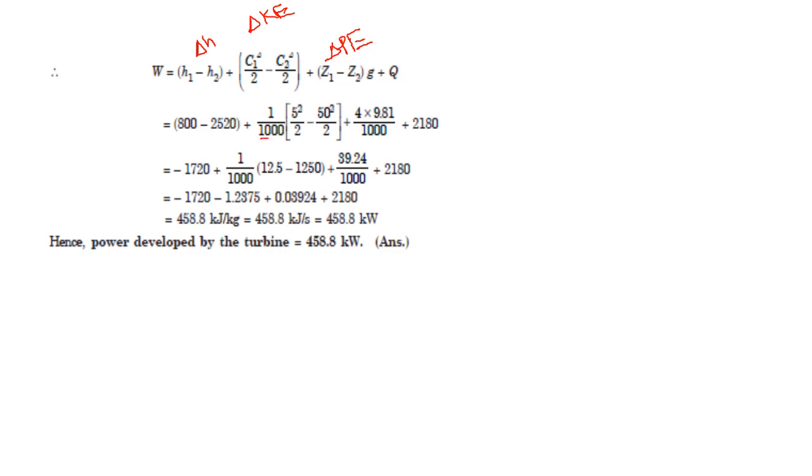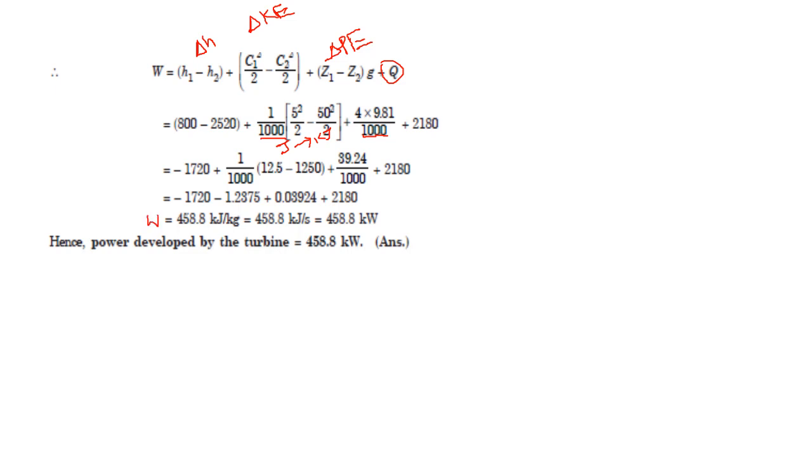This 1000 is used to convert joule into kilojoule. We already discussed this. 1 by 1000 is used to convert joule into kilojoule, similarly this 1000 too. Q is substituted as positive because we are supplying heat to the system, right?